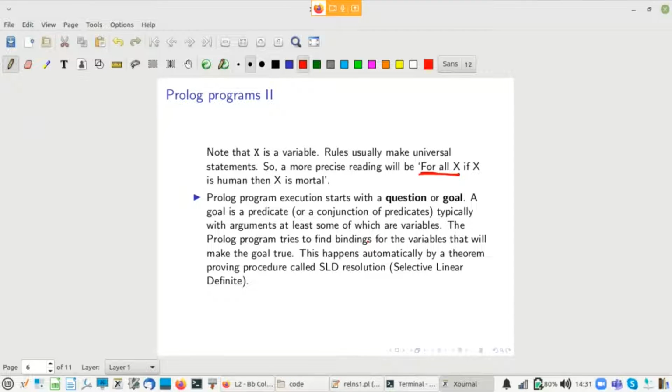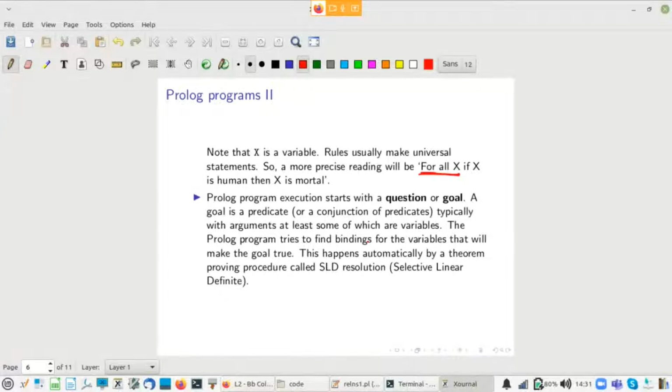And in this process of trying to prove that the goal is true, you are going to instantiate the variables, which means you are going to find values for those variables such that the goal is true. The goal can be a conjunction of predicates, not just a single predicate. And how does this happen?